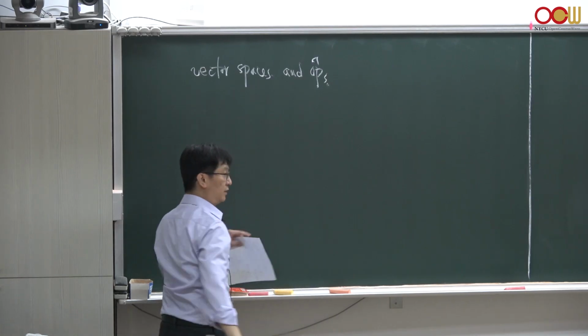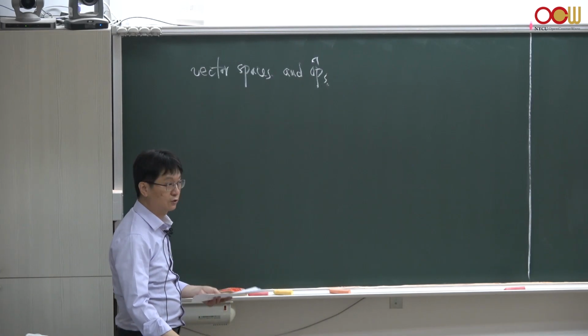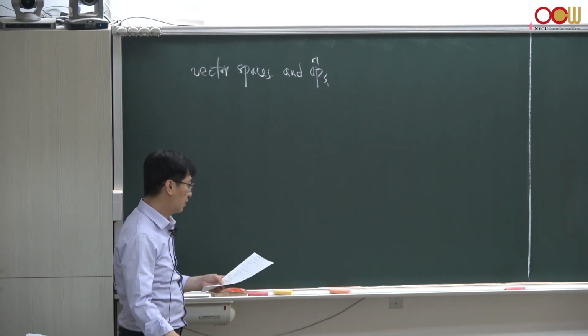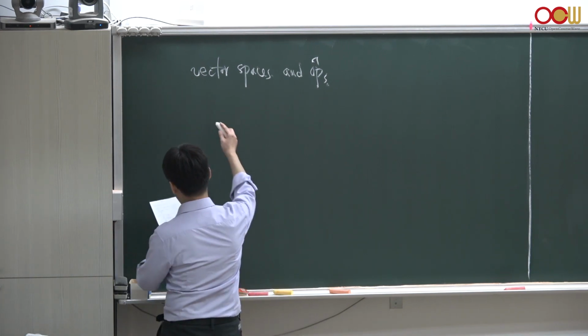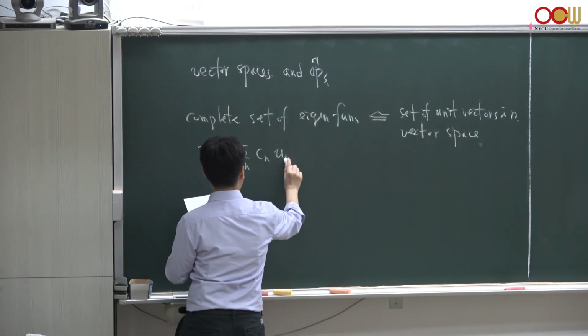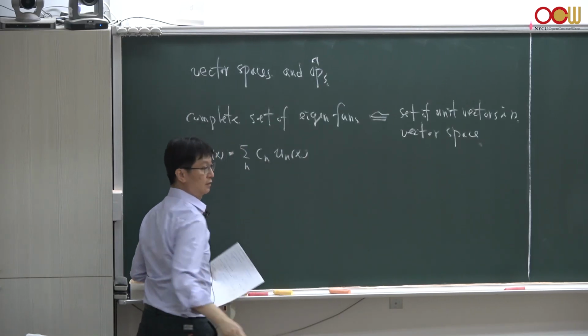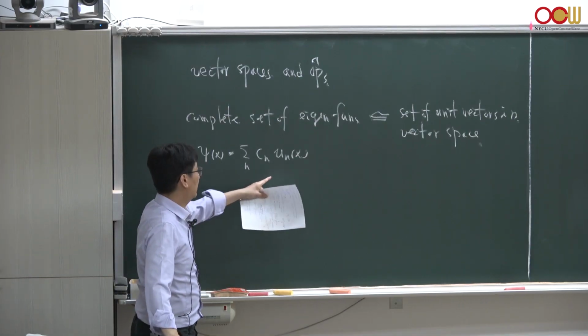As we already defined, we could define the complete set of eigenfunctions, and this complete set of eigenfunctions plays the same role as a complete set of unit vectors in the vector space. So this is the first analogy, telling us that you could expand an arbitrary wave function in terms of the complete set of eigenfunctions.